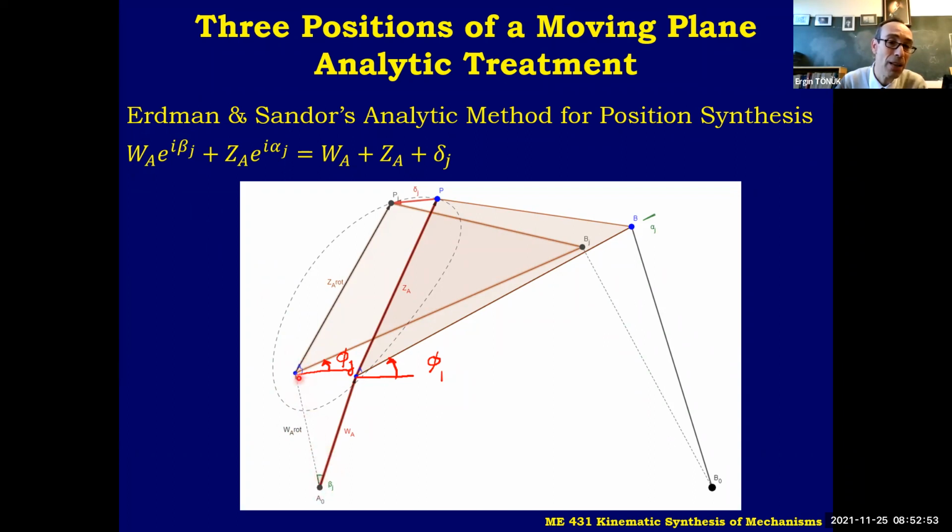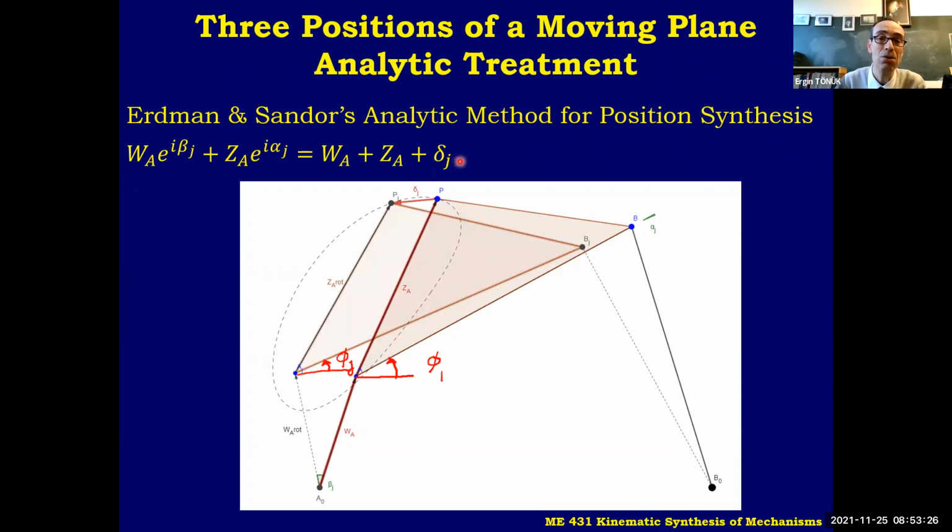So this is actually point A in the jth position, Aj. And then I have this vector, which, since it's on the moving plane, rotates by an amount alpha j. So I have ZA e to the i alpha j, and I come to the same point, which is Pj.